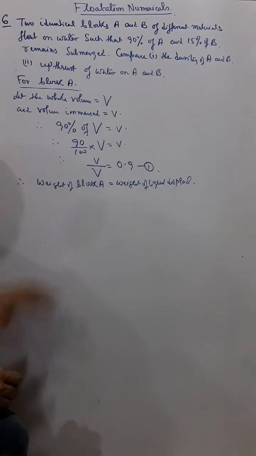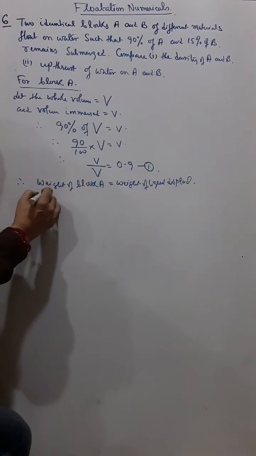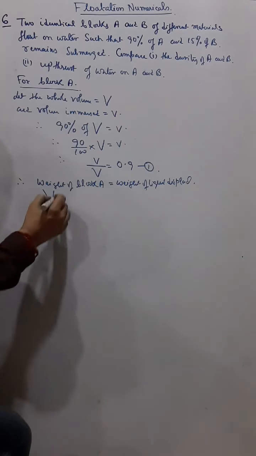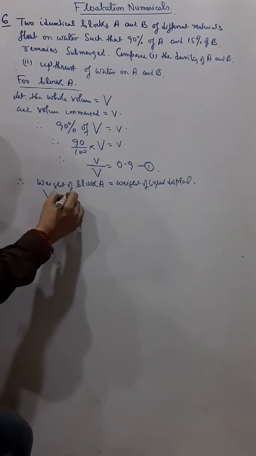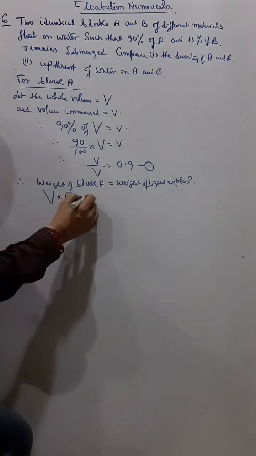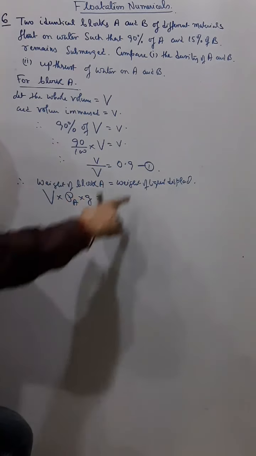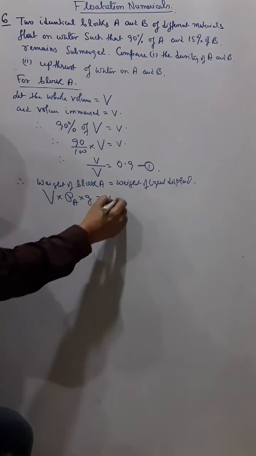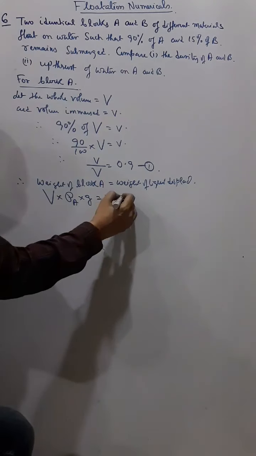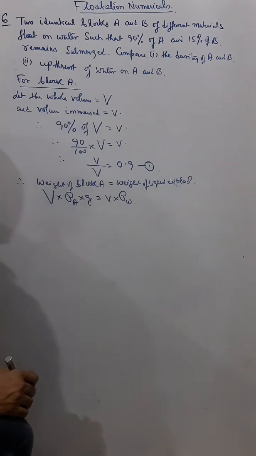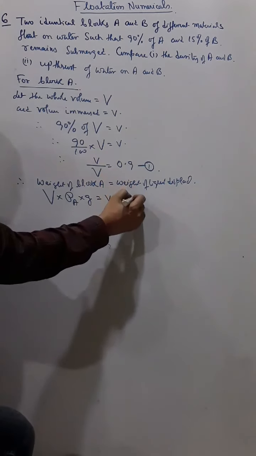Then we will do same thing for block B. Weight of block A is volume of block A, that is capital V, into density of A into G, and weight of liquid displaced means volume of liquid displaced, that is small v, into density of water, and into G.